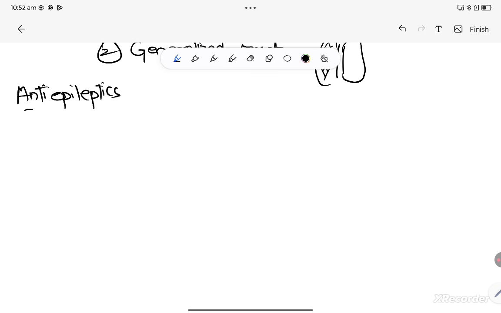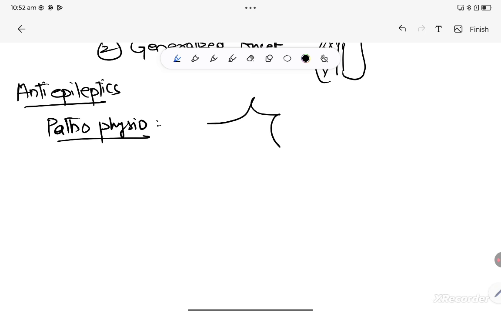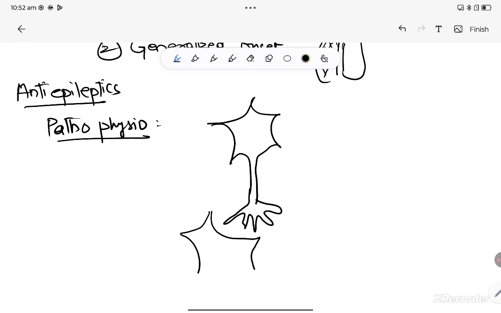Anti-epileptics. Before starting anti-epileptics, let us understand the pathophysiology of epilepsy. As discussed earlier, there is abnormal firing of neurons. What do I mean by firing of neurons? Abnormal excitation of neurons. For a neuron to be excited, we need certain ions and certain neurotransmitters. Consider this as my neuron and this is my other neuron.